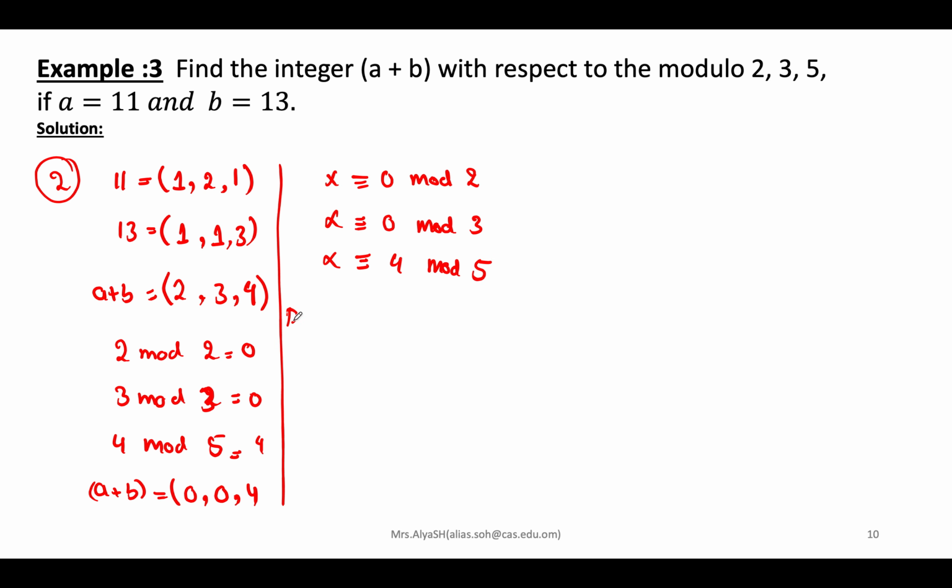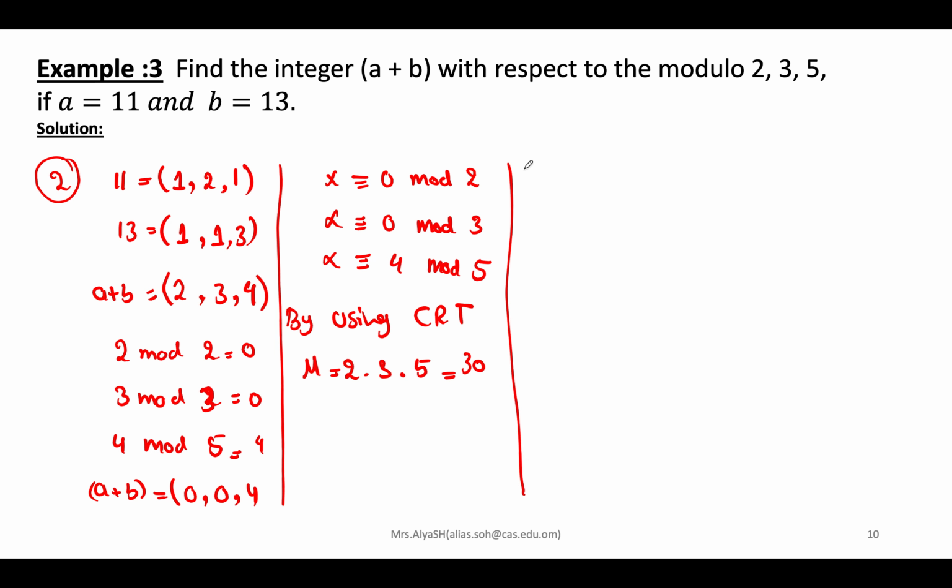By using the Chinese remainder theorem, then we got that M is equal to 2 times 3 times 5, and this is equal to 30.